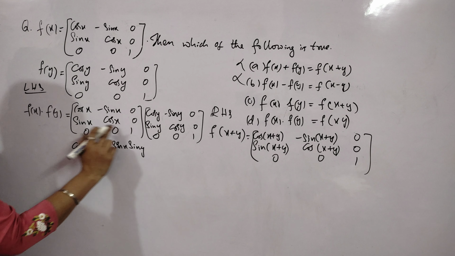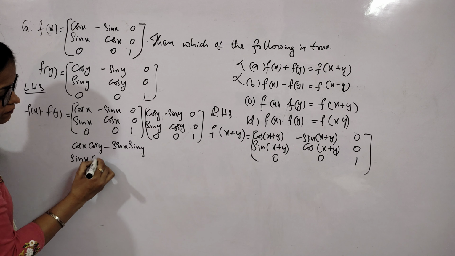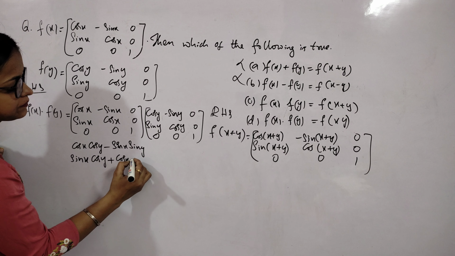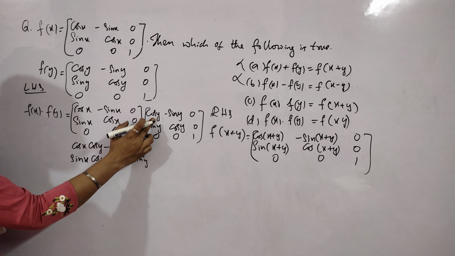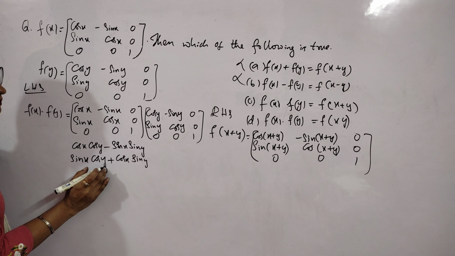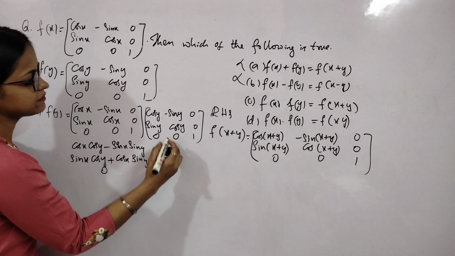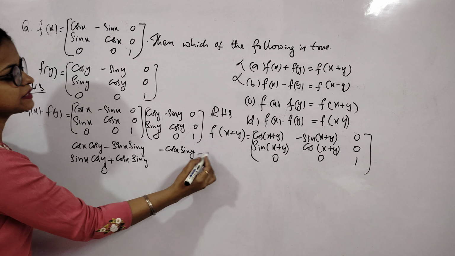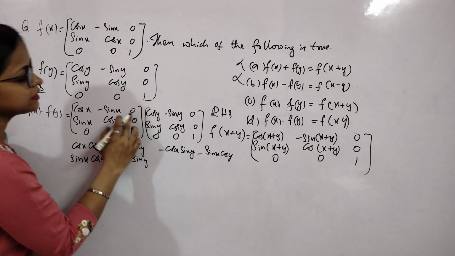Next, second row with first column: sin x into cos y, and plus into plus, cos x sin y, 0 into 0 is 0. Next, 0 into cos y is 0, 0 into sin y is 0, 1 into 0 is 0. Next, first row with second column: plus into minus, minus cos x sin y, minus into plus, minus sin x cos y, and 0 into 0.